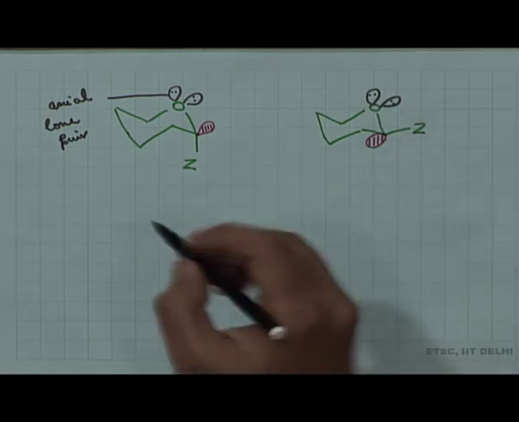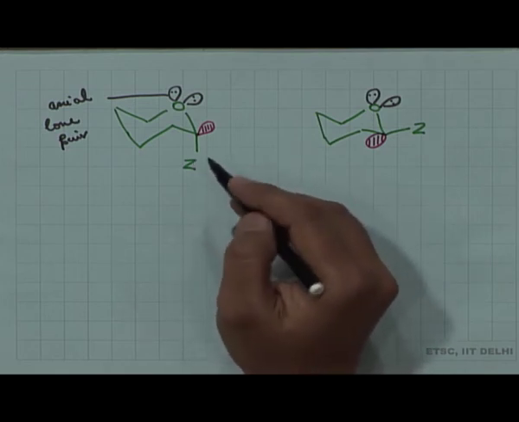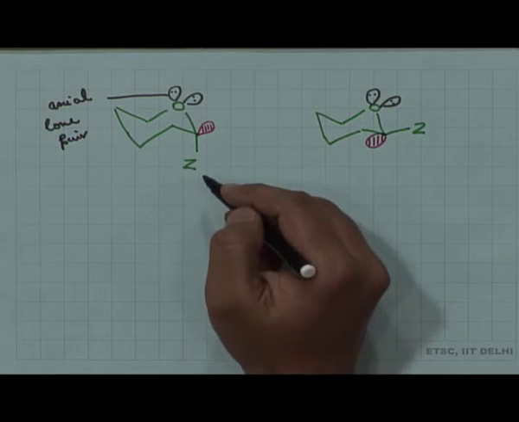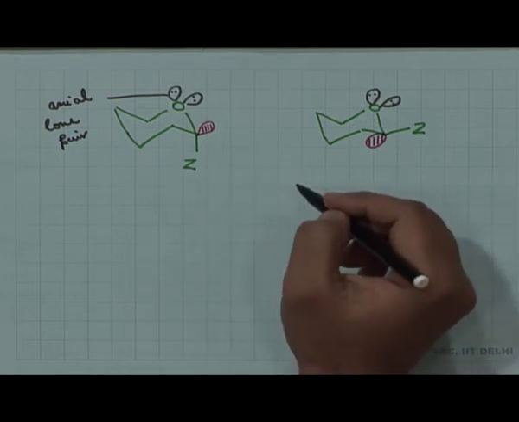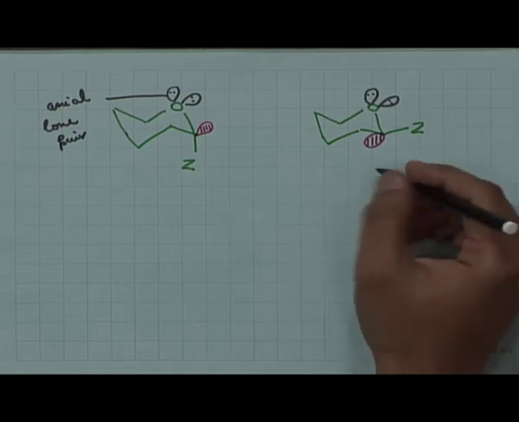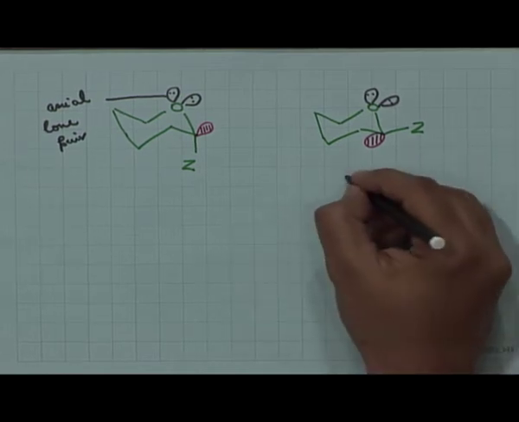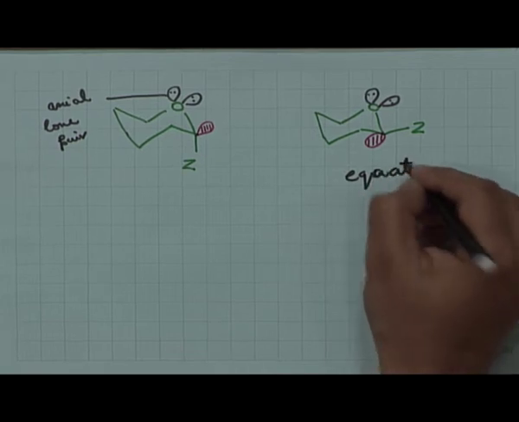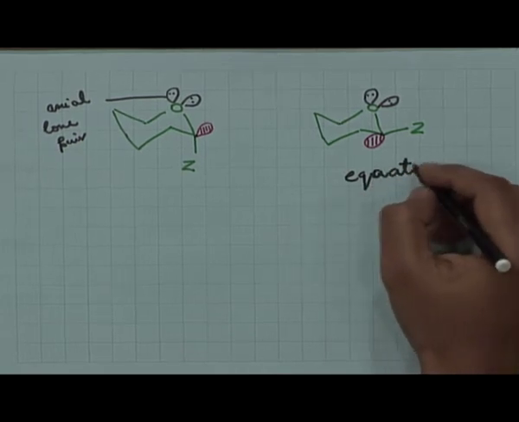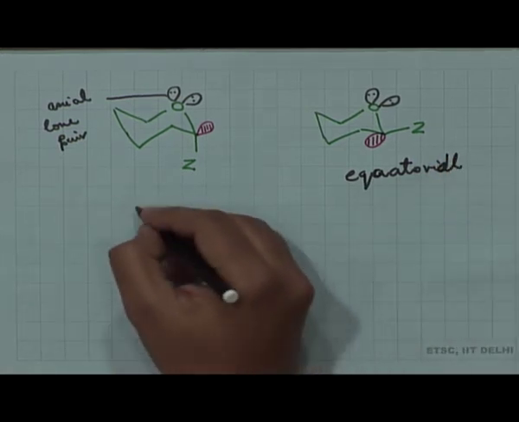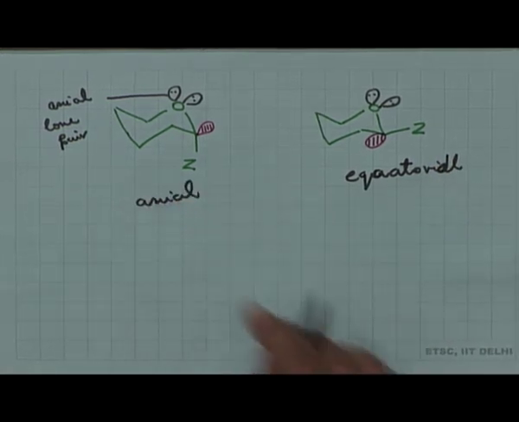This phenomenon, which strengthens the formation of alpha glucoside, is called the anomeric effect, which is not possible in the equatorial, whereas it is possible in the axial.